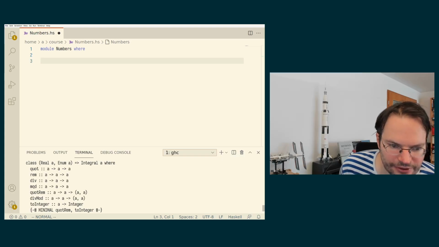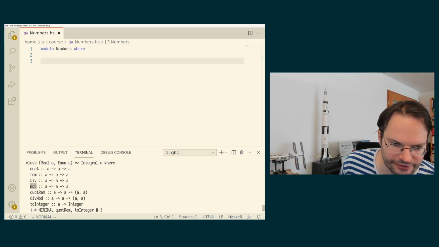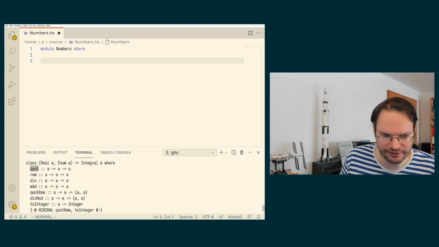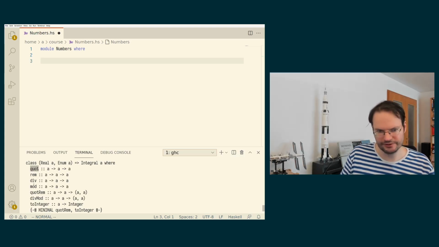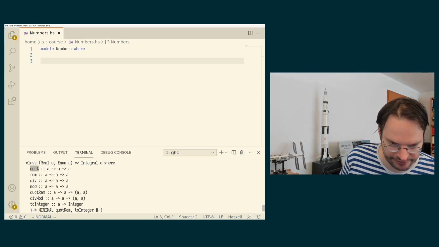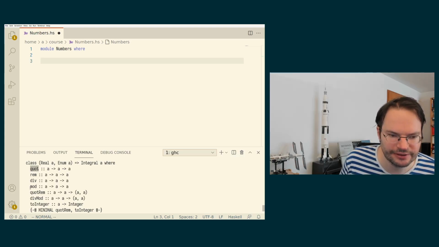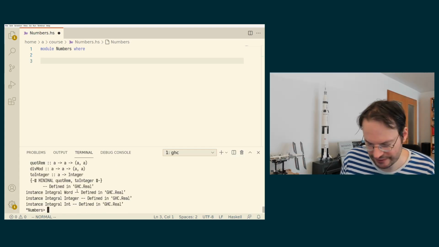In particular, I think the most important operations are these integer division operations, such as mod and div. rem and quot are relatively similar. They behave slightly differently from each other if negative numbers are involved, but as long as you're only using positive numbers, then div and quot behave exactly the same, and rem and mod behave exactly the same.